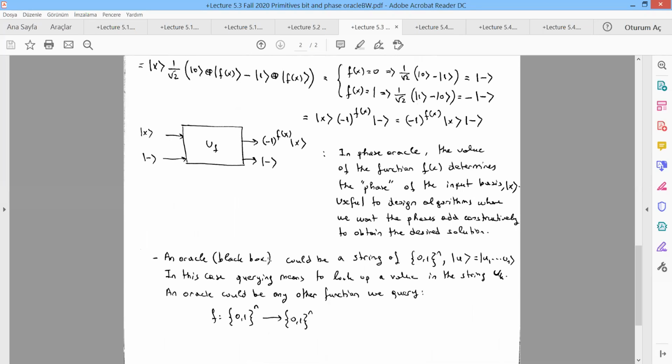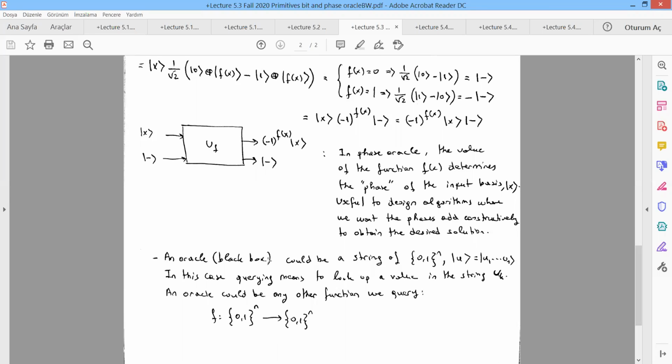Just to make it more concrete, let me illustrate what kind of constructs these oracle black boxes could be. This could be a string of zeros and ones, for instance. And inside the oracle, the circuit could represent a state |u⟩ of u1 to u_n. This could be a string, or in this case, the query means to look up a value of the string, u_k.